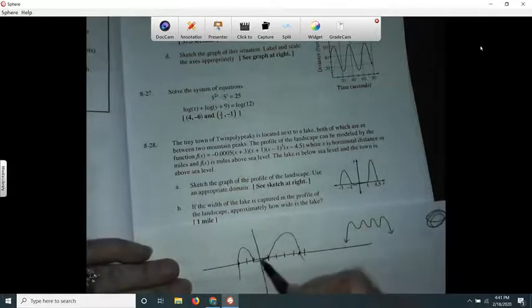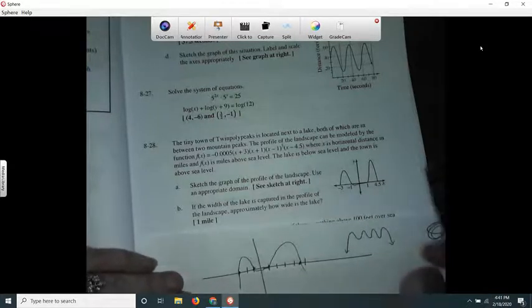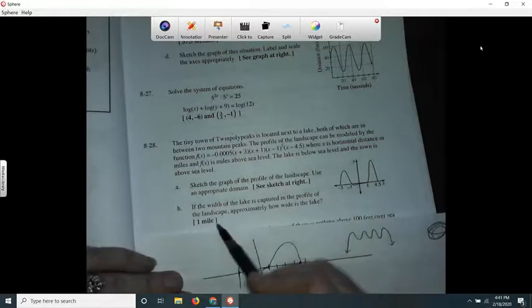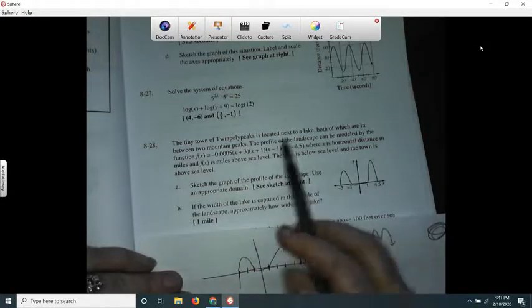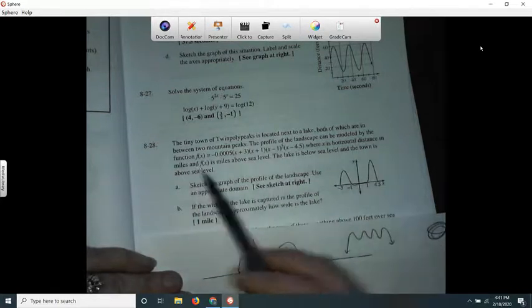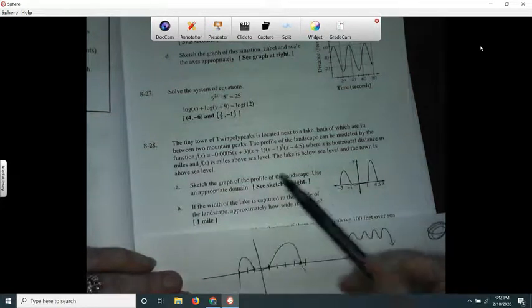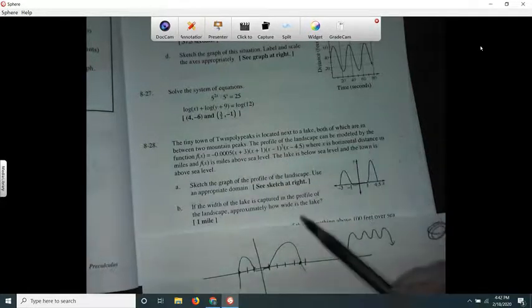If you look at Desmos, it also looks like it's 1. It's not very exact, but we're going to go with that. We're just going to say it's 1 mile. Because remember it said the x's are the horizontal distance in miles. And the y is the miles above sea level.